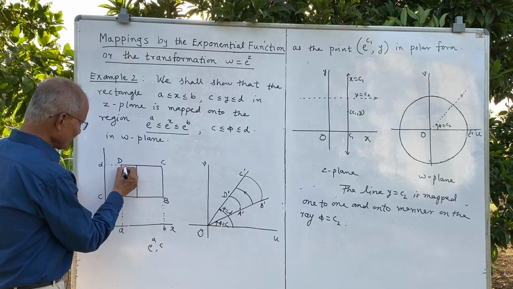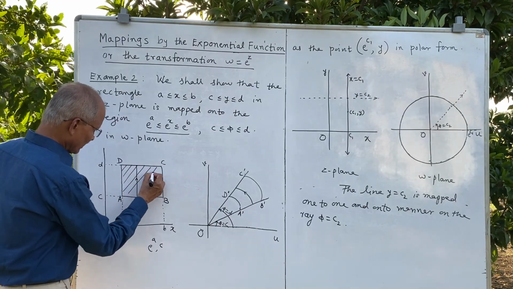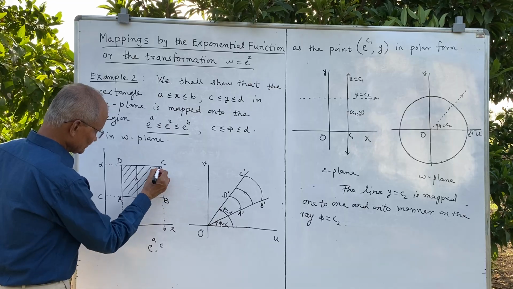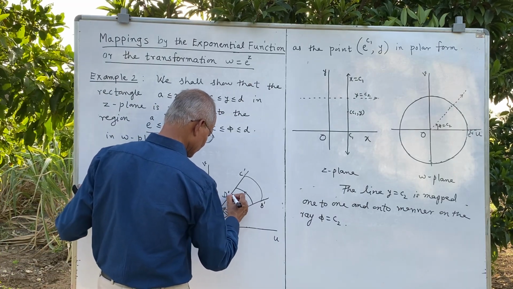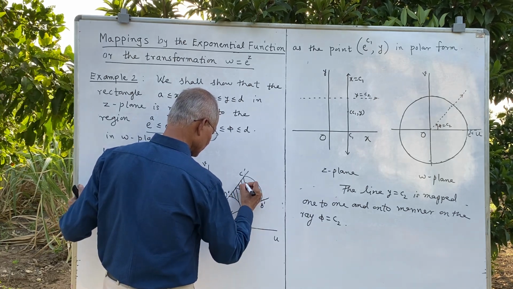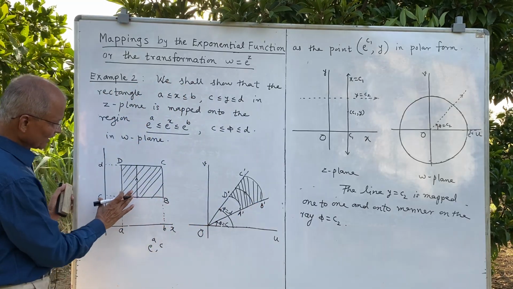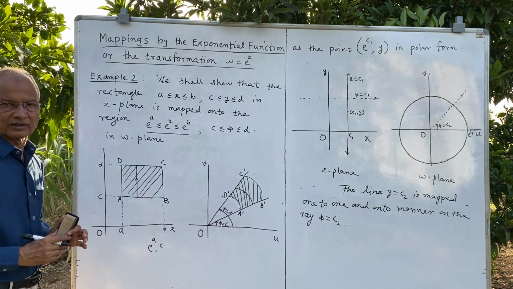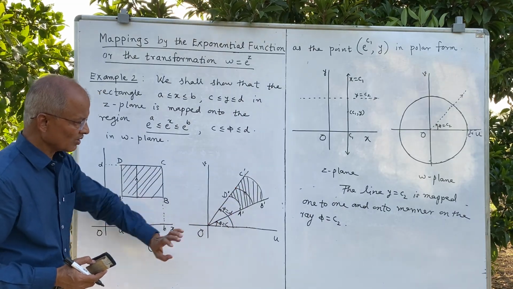Or we may show like this, this is the region of the rectangle, and that is mapped on this region. So the rectangular region is mapped like this on a segment between these two arcs.